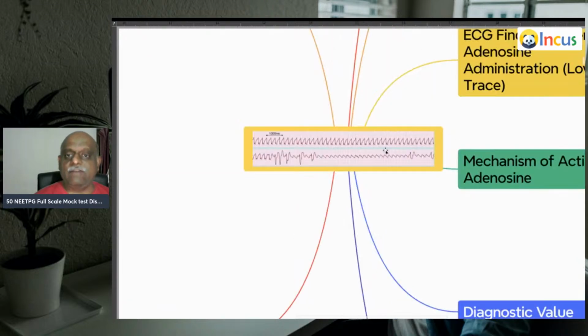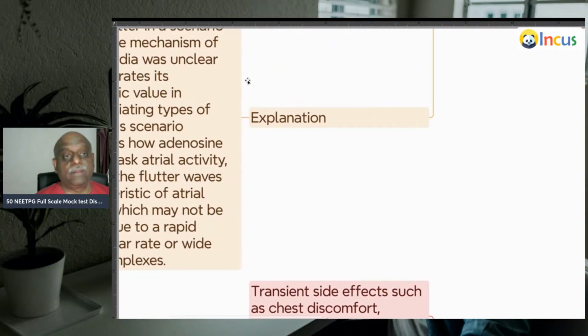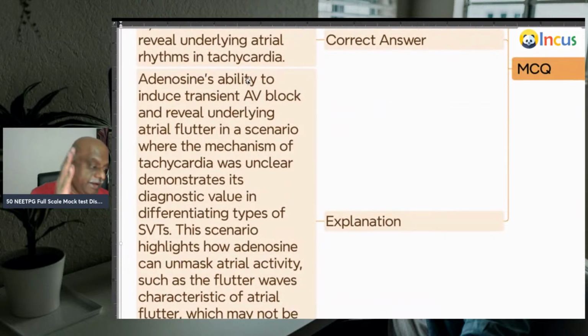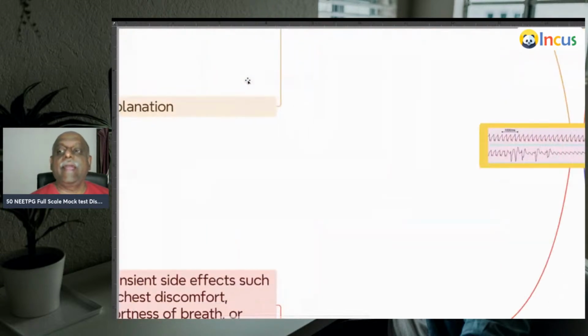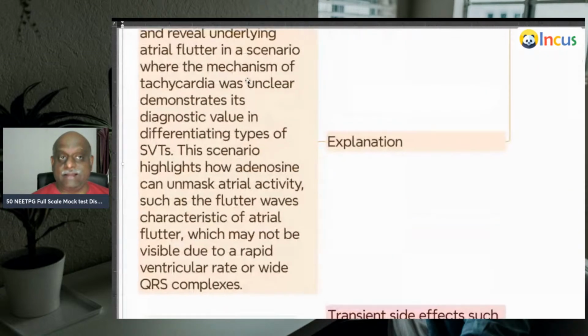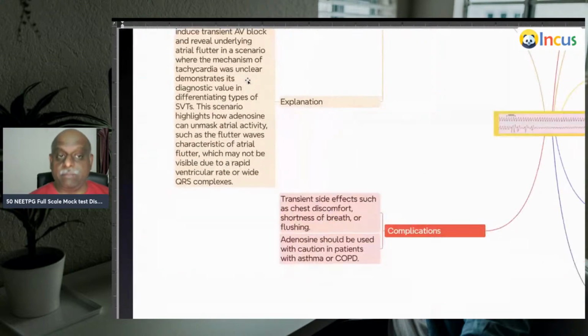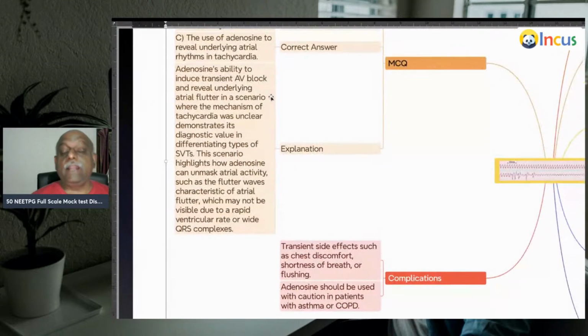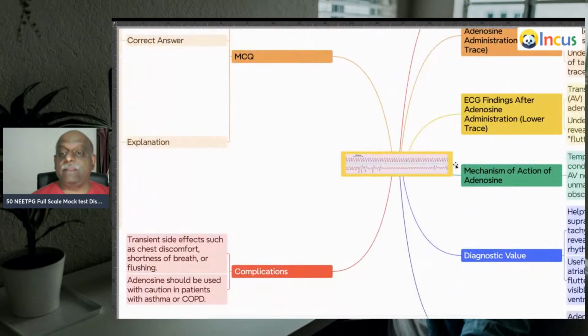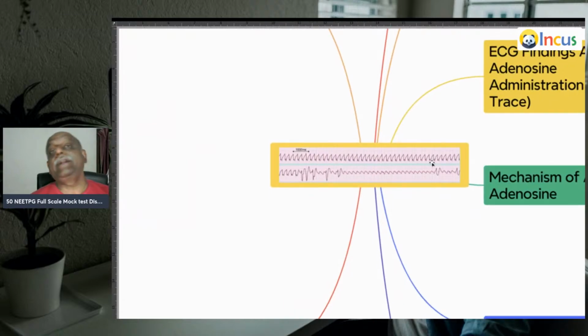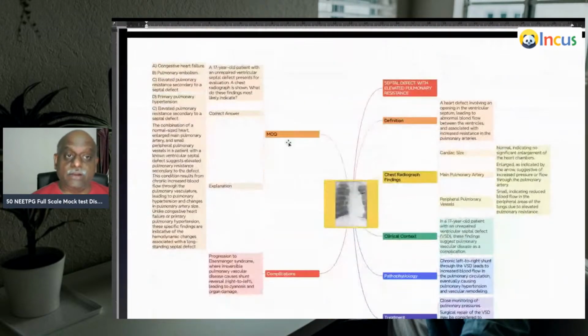So fundamentally, atrial flutter was there. You are not sure what type of tachycardia he is having, but you have given adenosine and induced a transient AV block, and that brought out the atrial flutter, is what you need to remember. So that's the reason adenosine has the ability to unmask atrial flutter whenever the patient is having supraventricular tachycardia, is what you need to remember.